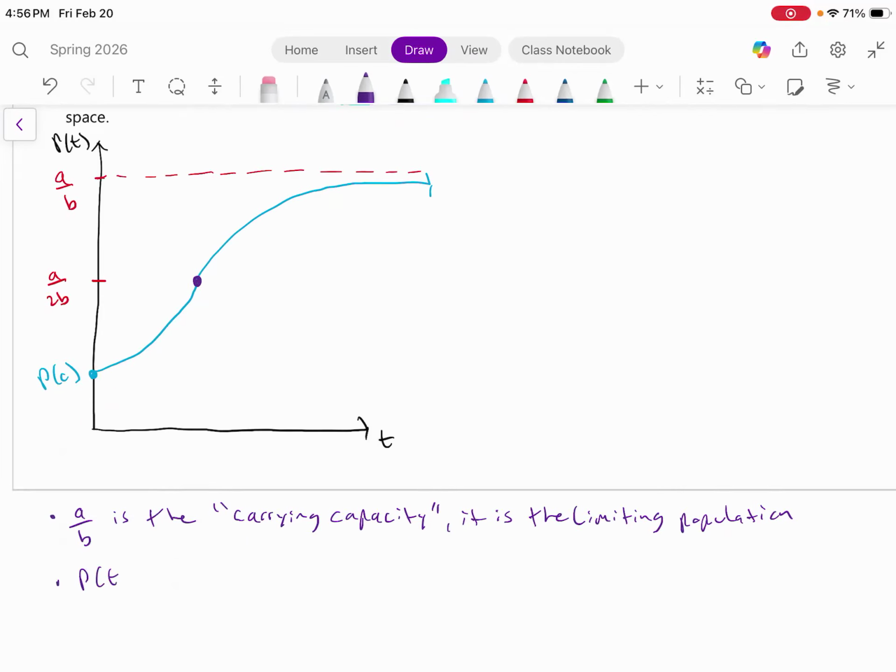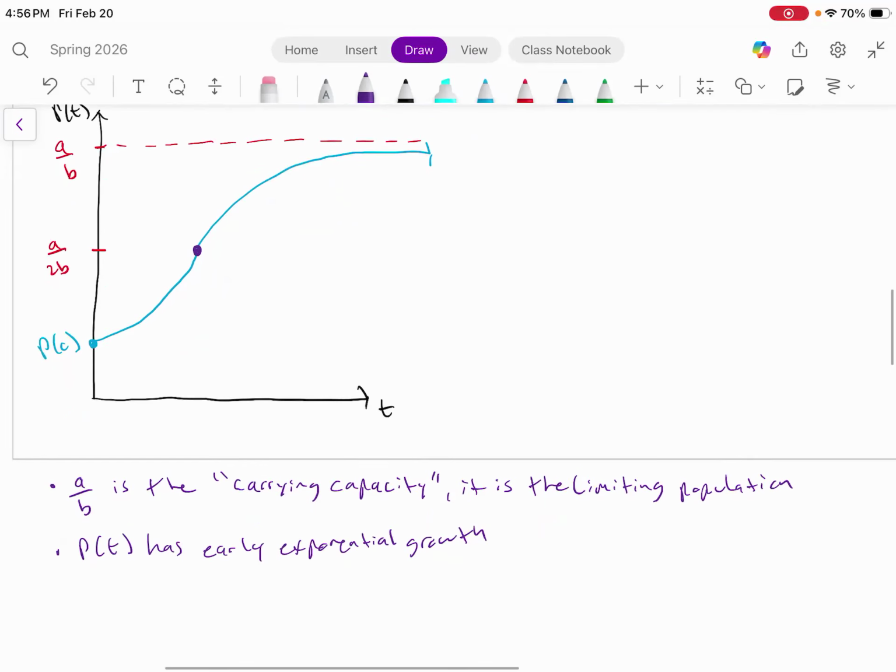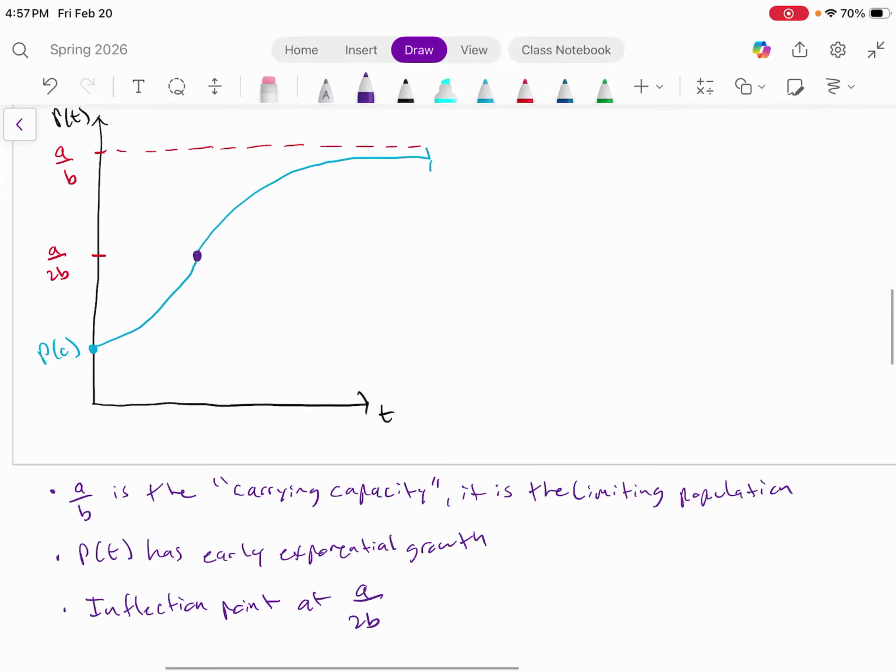And our population, if you notice, has early exponential growth, and we have an inflection point at a/2b. So once we get to a/2b, our population stops growing exponentially and starts tailing off to the carrying capacity a/b.